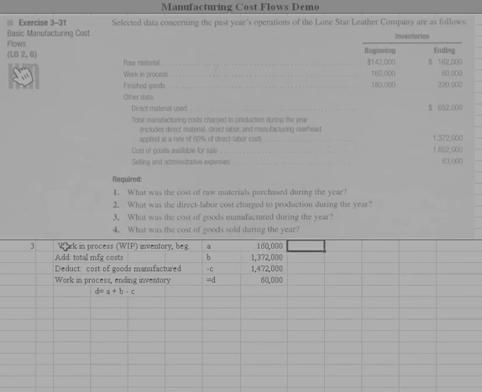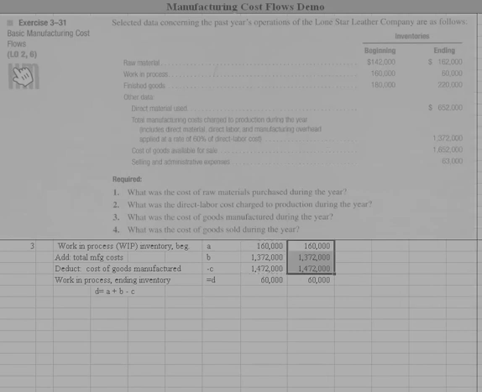And to prove it, we'll say this cell has to be equal to that cell plus that cell less that cell. Plug in those numbers. It equals $60,000, which we do. Now you can't see it real well, so I'll widen that a little bit. Given that that's the case, we're trying to solve for the 1,472, and that's the answer to Part 3.